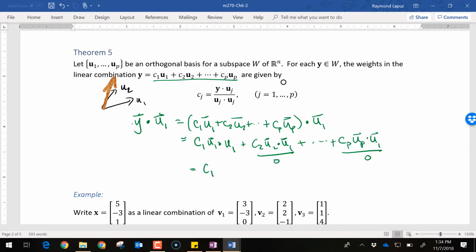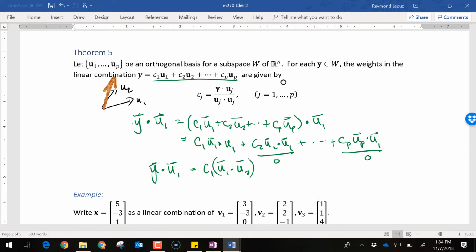So then you have C1 U1 dotted with U1. So that's what this is equal to. Right?